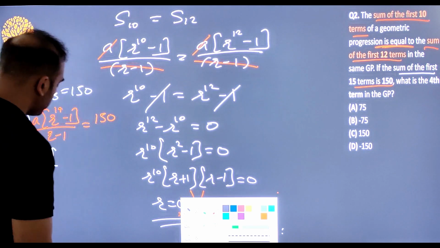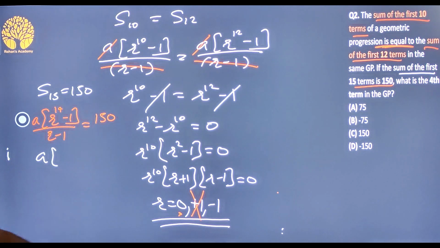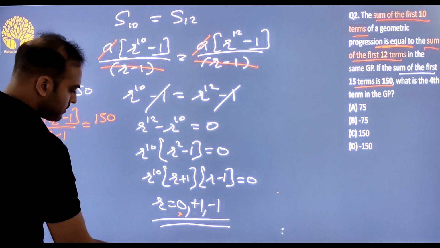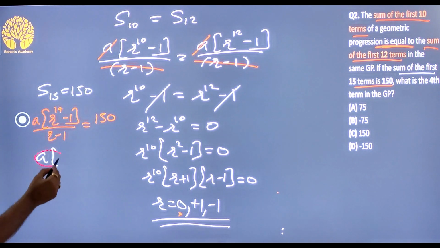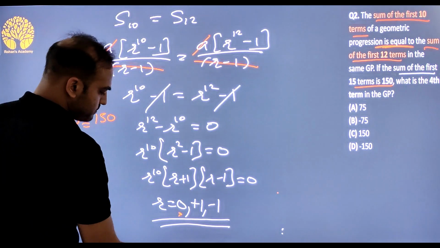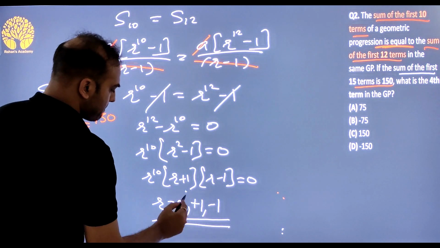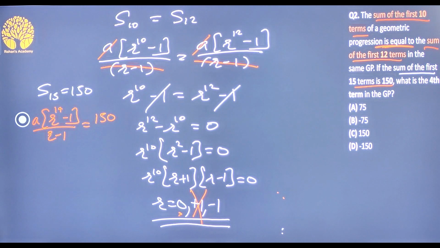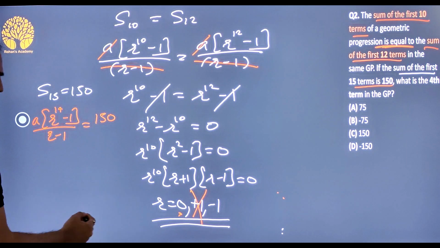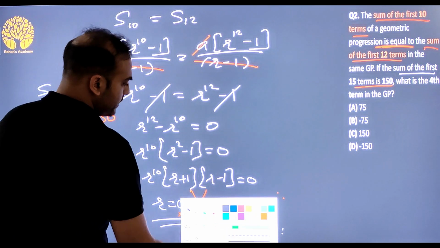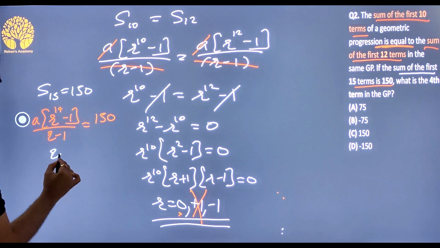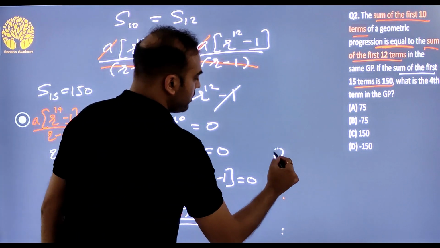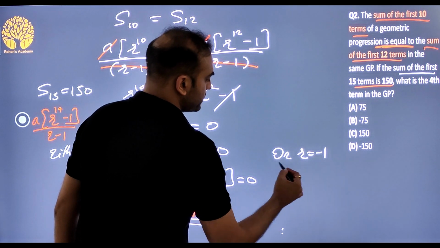Sorry, R cannot be 1. Now we take two cases, either R is 0 or R is minus 1.